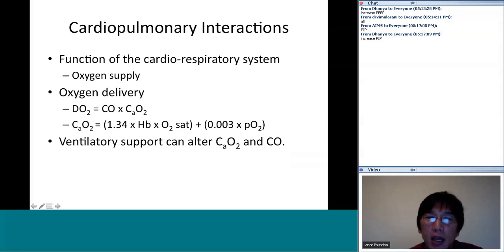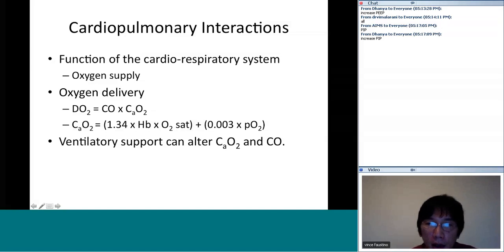Oxygen delivery is mathematically described as the product of your cardiac output, meaning how much blood your heart is sending to the body at a particular point in time, times the amount of oxygen that's carried by the blood, and that's your arterial oxygen content. Arterial oxygen content is dependent on your hemoglobin, oxygen saturation, and then your amount of dissolved oxygen, which is described in this part of the formula.